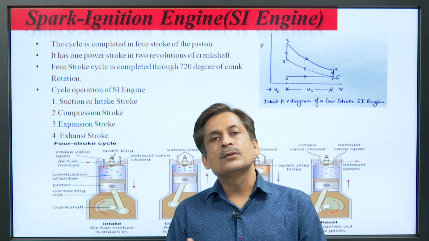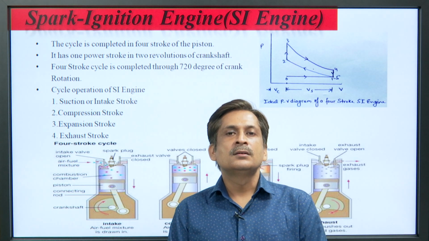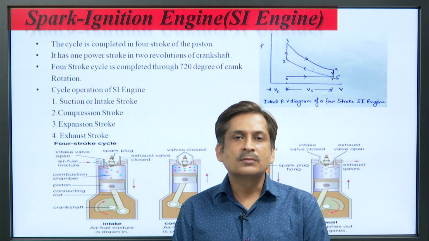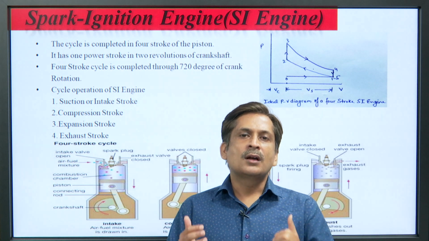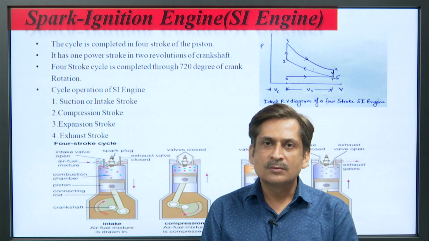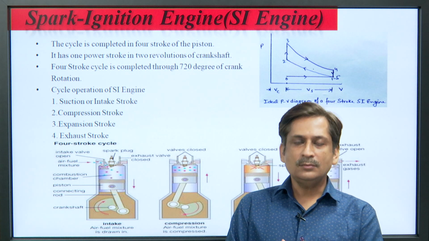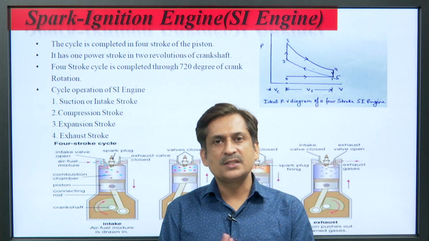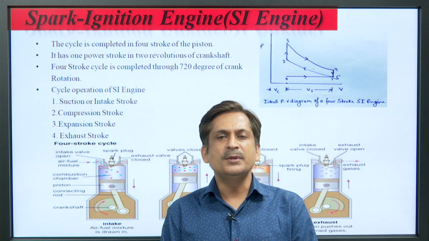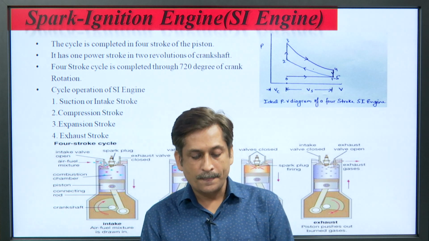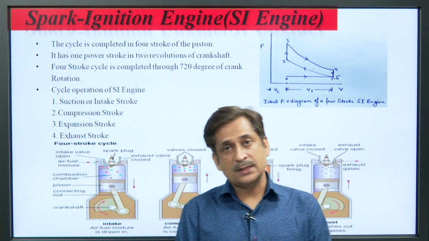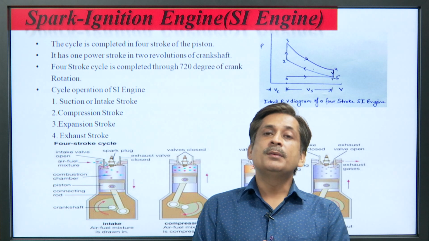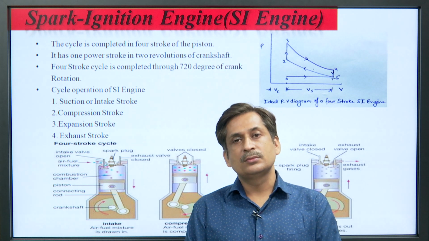It means what the RPM of the engine is, what the configuration of the cylinder is, and what the CC of the engine is. CC stands for cubic centimeter, its swept volume. So, an SI engine may be 2-stroke or 4-stroke.